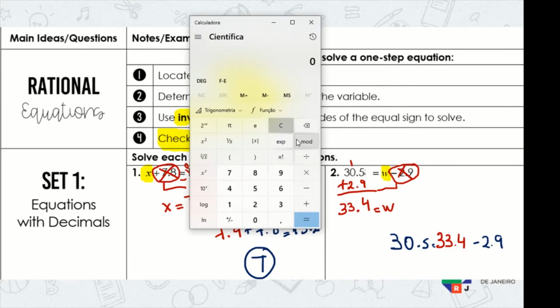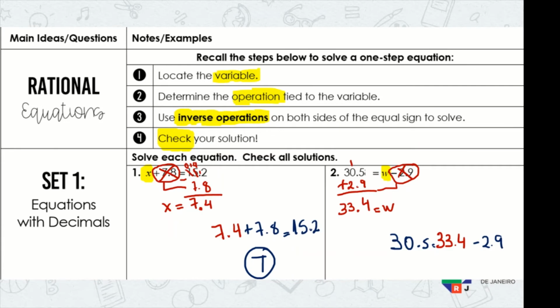Oh no, my bad. 33.4 minus 2.9, it is 30.5. Is it true or false, guys? True. Great. It is true. If it's a true statement, very nice. Thumbs up, guys. Did you understand?